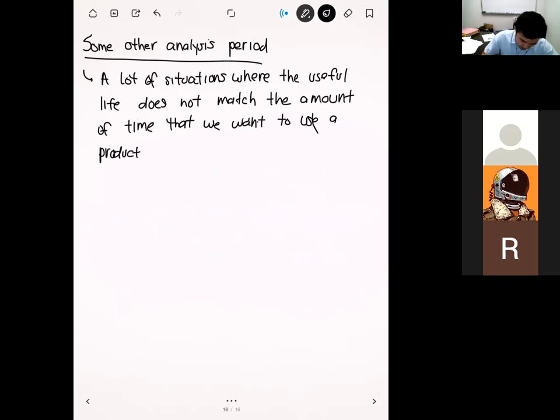So there are a lot of situations where the useful life doesn't match the amount of time that we want to use the product, and we can't apply our same assumptions as before.